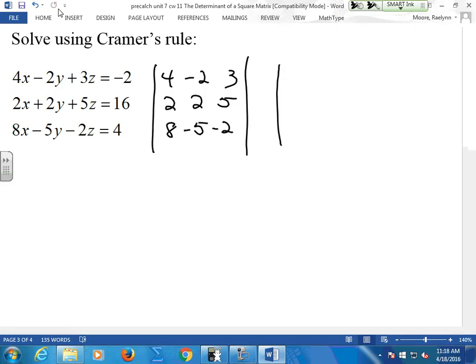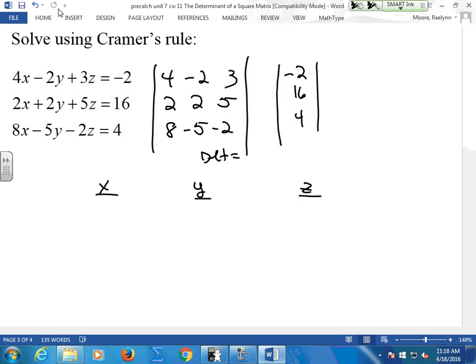And put your constants over here. So find me the determinant of this big one. Got the determinant?